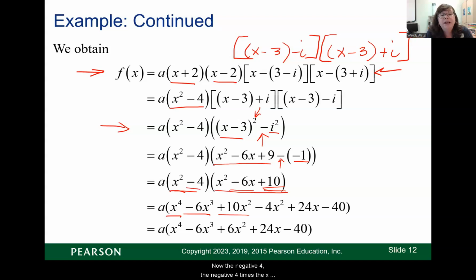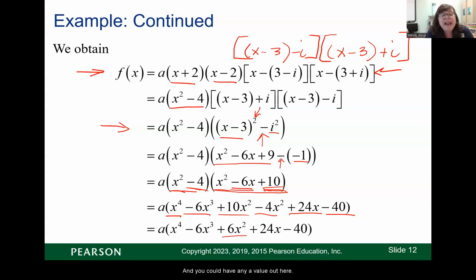Now the negative 4 times the x squared is negative 4x squared. The negative 4 times the negative 6x is the positive 24x. The negative 4 times the positive 10 is negative 40. Now we can just combine our like terms. That's x to the 4th minus 6x cubed. 10 minus 4 gives us 6x squared plus the 24x minus 40.